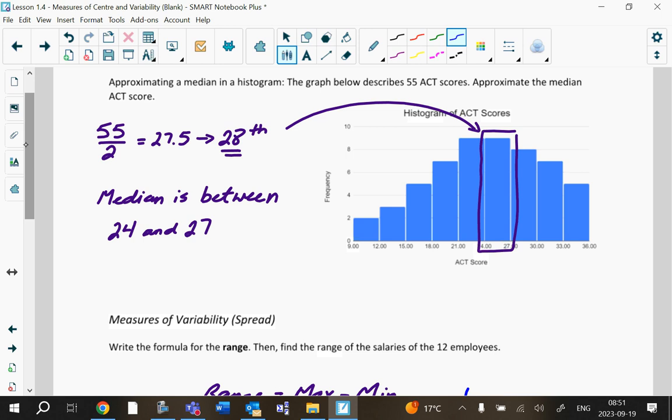I don't know what those numbers are. So that's why I can only ballpark it in a histogram. Whereas with a stem plot and a dot plot, you could find it exactly because we show each individual data value in those. So that's why the previous one was more. Right, yes. Good.